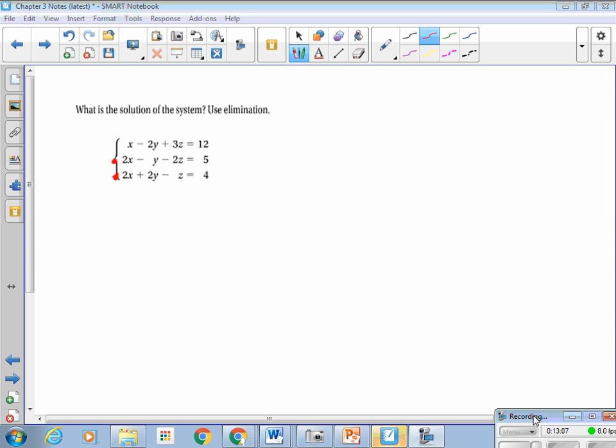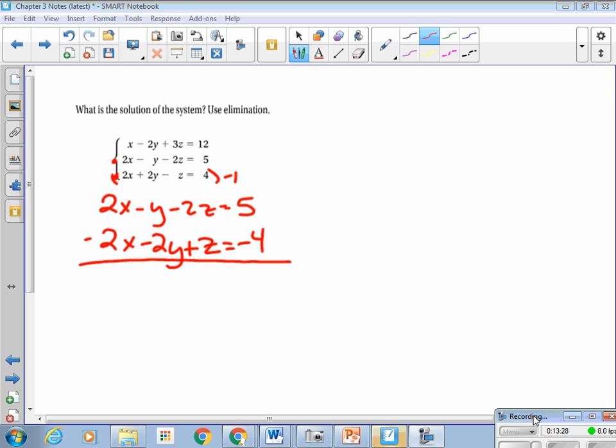So that's going to be my first step. So I'm going to rewrite my first one, and then I'm going to multiply this bottom one by negative 1. So I get negative 2x minus 2y plus z equals negative 4.